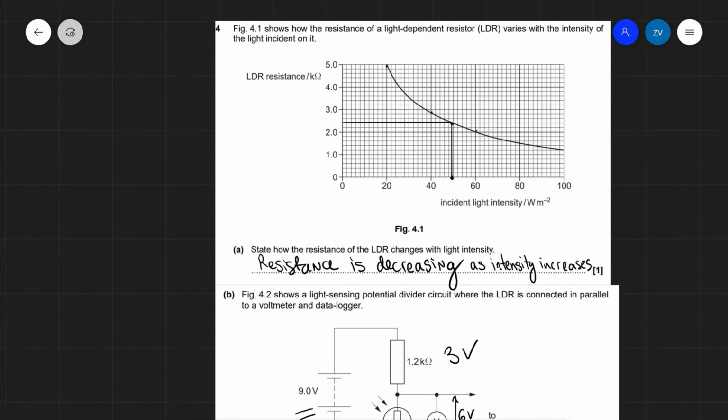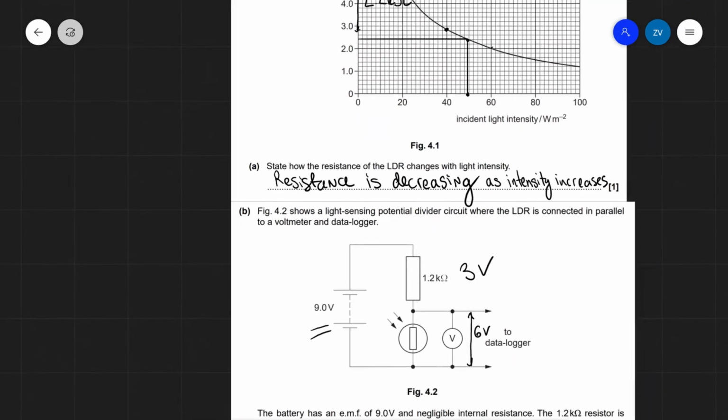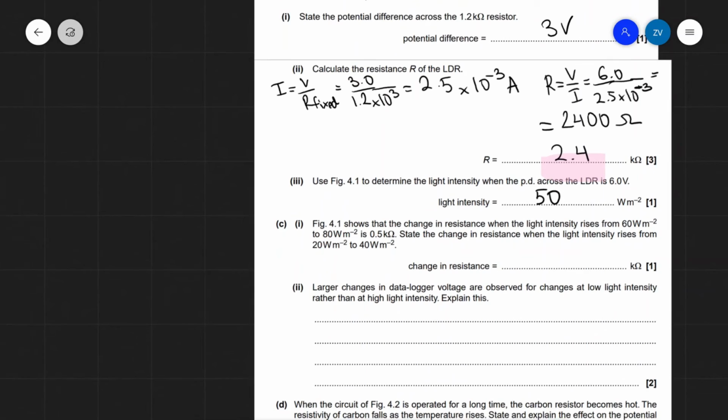So if we're going from 20 to 40, we're going to be going from here to here. So this is way more than half a kilo ohm. So we are going from 5 to about 2.8, which is just here. So it's going to be 2.2. So from here to here, it is 2.2 kilo ohms. And that's going to be the answer to this question.